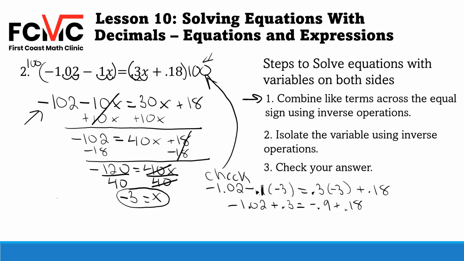Now, if we add this up, -1.02 plus 0.3 is going to give us -0.72 on the left, and on the right, -0.9 plus 0.18 is going to give us negative 0.72. So our answer checks. We get the same value on the left and the right. So our answer checks. Okay.